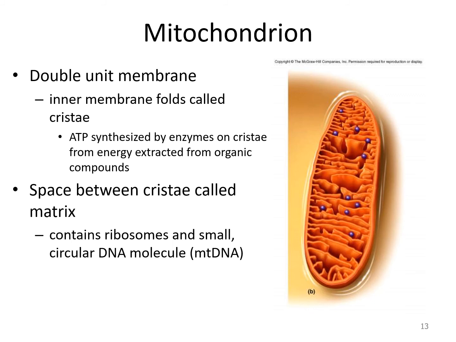So our proteins, our carbohydrates, basically when we're breaking down any form of energy that we're taking in, we are going to convert that to ATP for use by our cells. And then the space between the cristae is called the matrix. This contains ribosomes and a small circular DNA molecule called mitochondrial DNA.